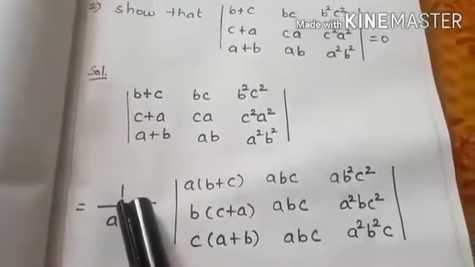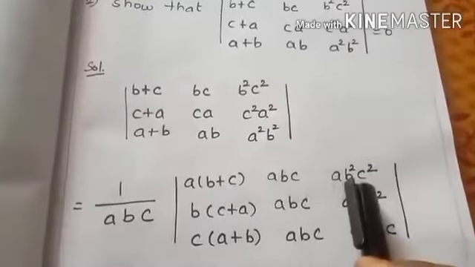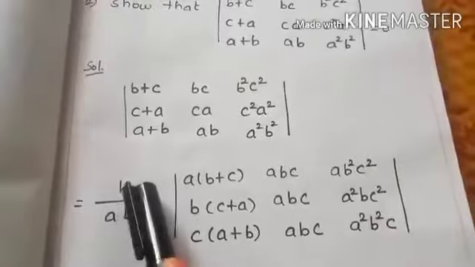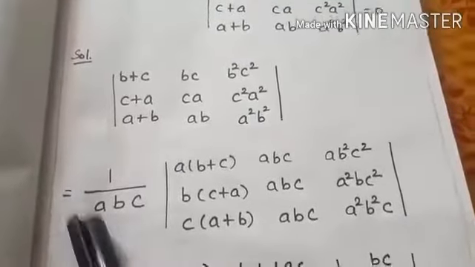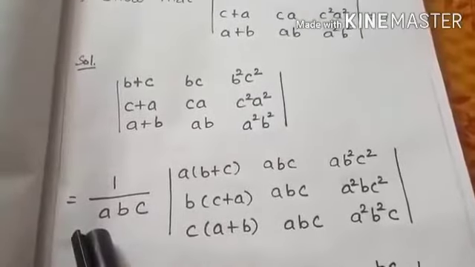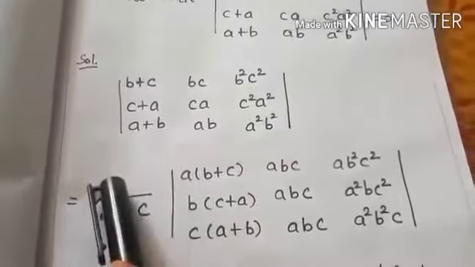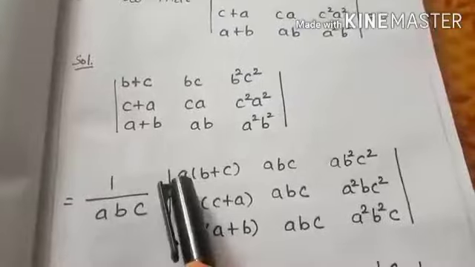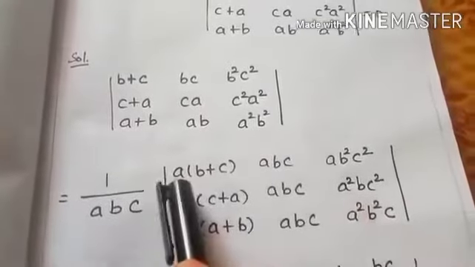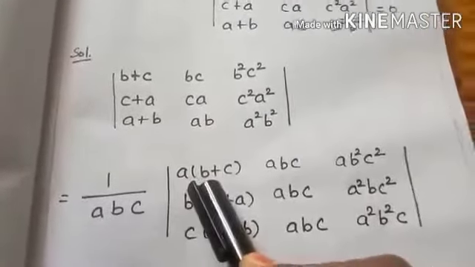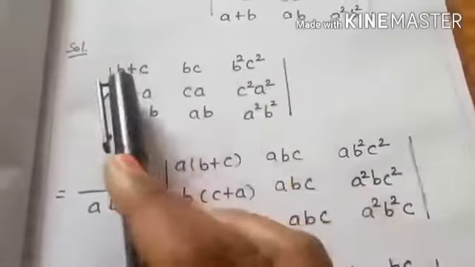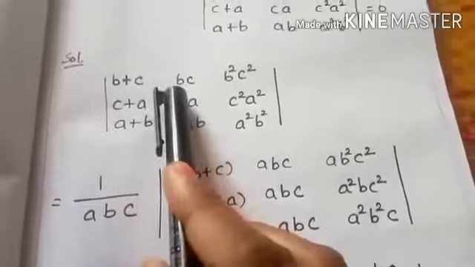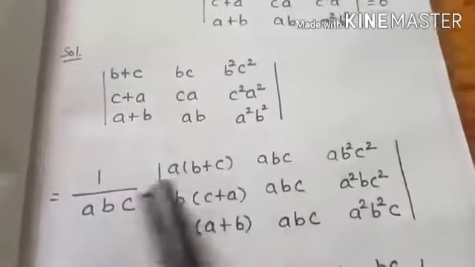The multiplied term goes inside the determinant, and the divided term is taken outside the determinant. So 1 by a into the determinant, where the multiplied term goes inside: a into (b plus c), abc, a b squared c squared, which is a into (b plus c), abc, a into b squared c squared. That is the first row.